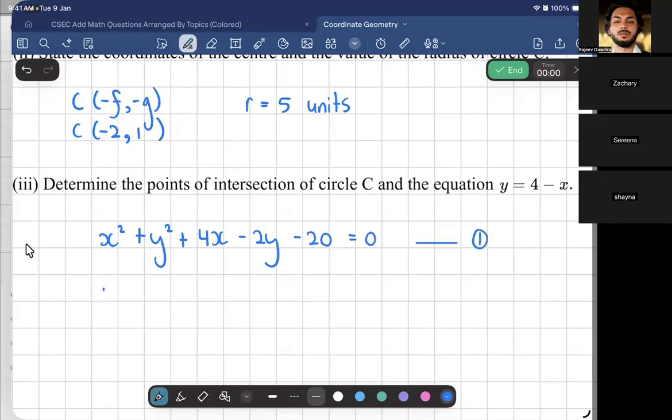And the equation of the line, I think it was y is equal to 4 minus x. Do we need to make our equation 3?